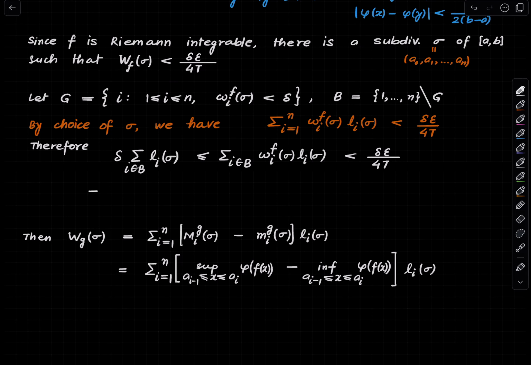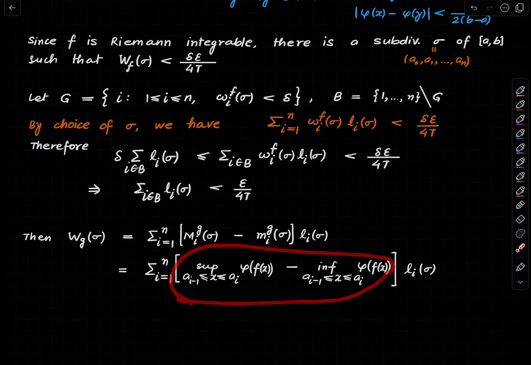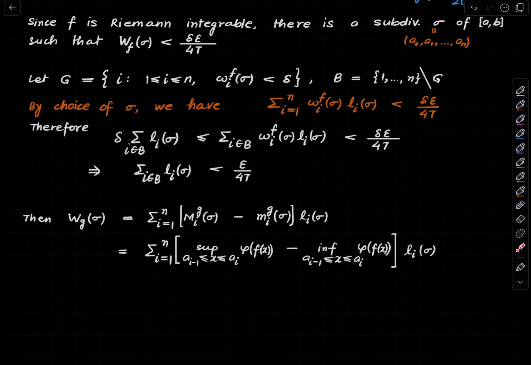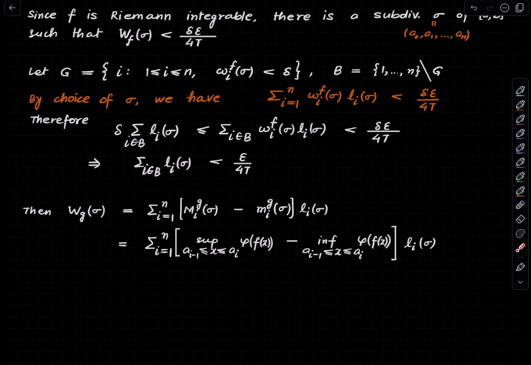And therefore, we conclude that the length of the bad parts, if you just take the length of the bad parts and sum them up, is less than epsilon upon 4t. So what this says is that the total length of the bad parts is not much. And therefore, in this estimate, we can disregard the bad parts. Not that we will disregard it carelessly, but in terms of the higher level ideas, we are now in the position to drop the bad parts and only care about the good parts.